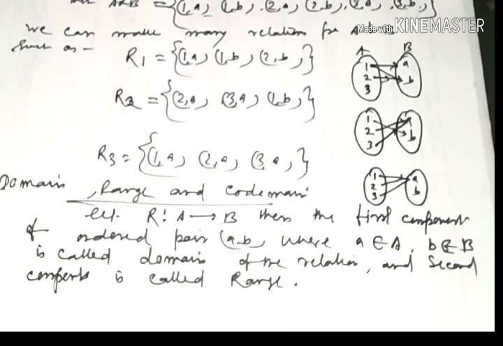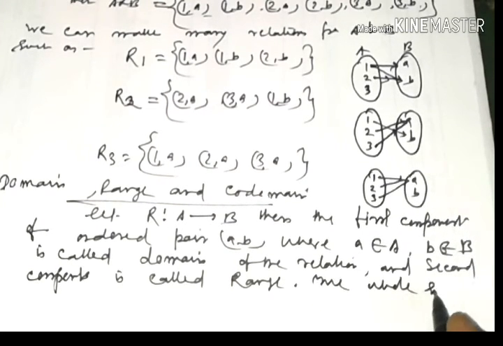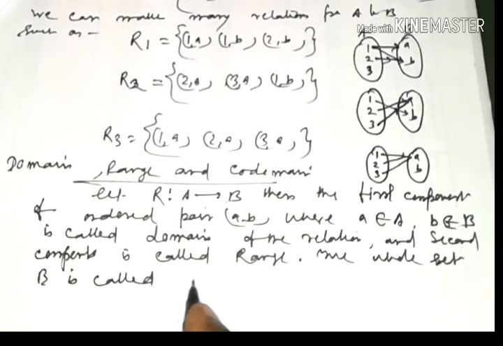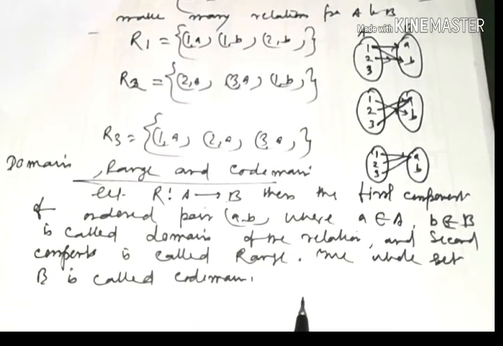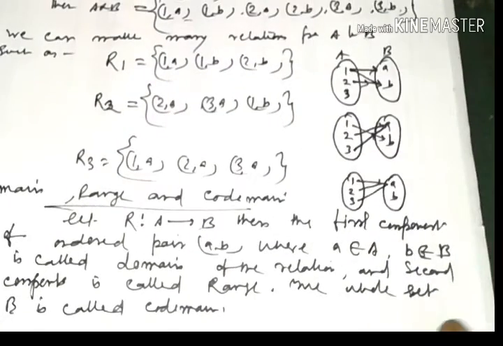Then what is codomain? The whole set B is called the codomain. The full set B is called the codomain.